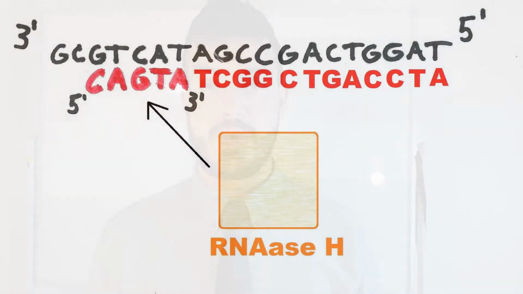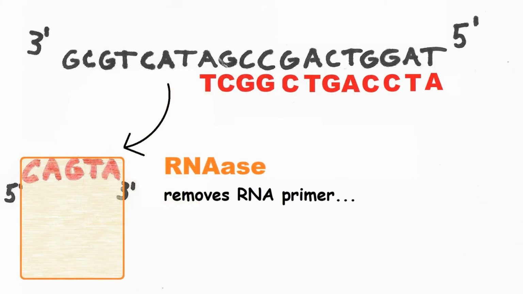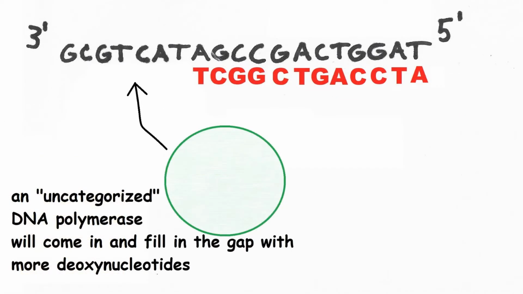So the RNA primers, once the job's done, are removed by RNase H. It's specific to eukaryotes, and some DNA polymerase, it's unspecified which one actually, will come and finish the job and synthesize DNA within the gaps.